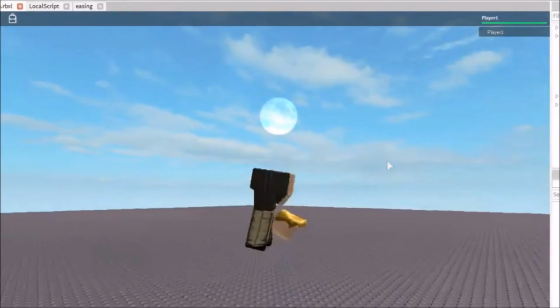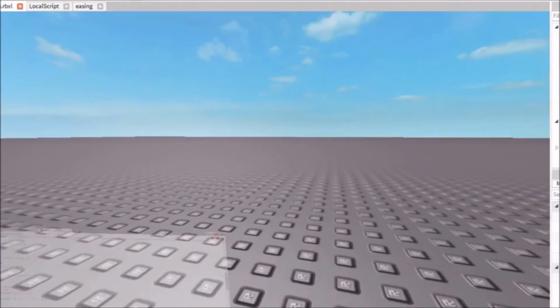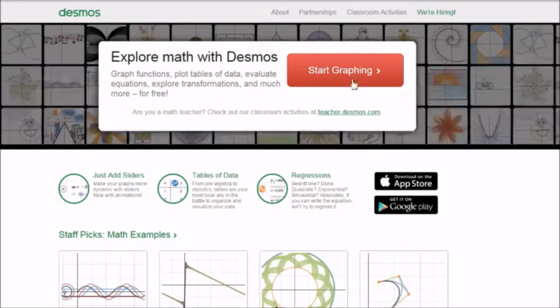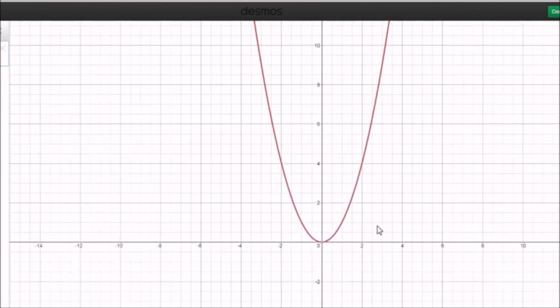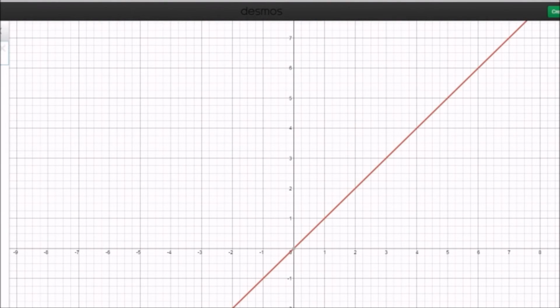At the same time, it just changes the weight of the function, right? Let me see if I can go to Desmos, my favorite calculus graphing calculator. If I say y equals x squared, right? Usually, actually, a linear thing is y equals x like this, right?